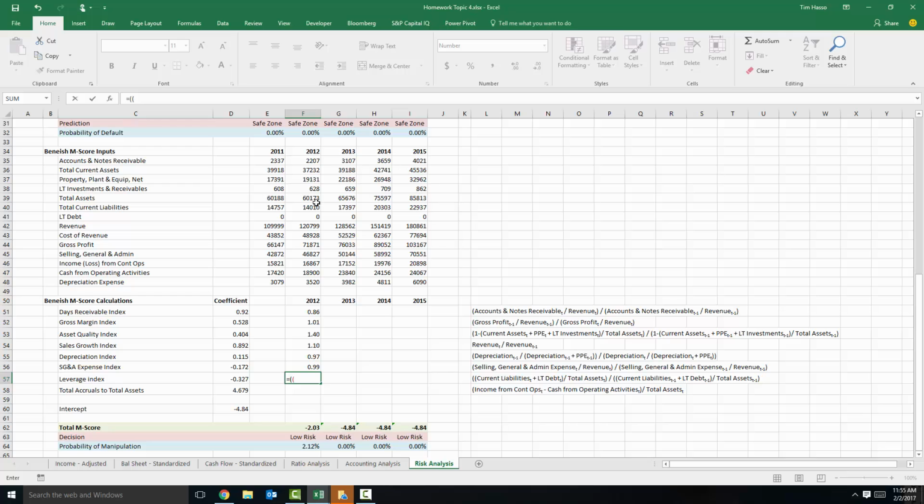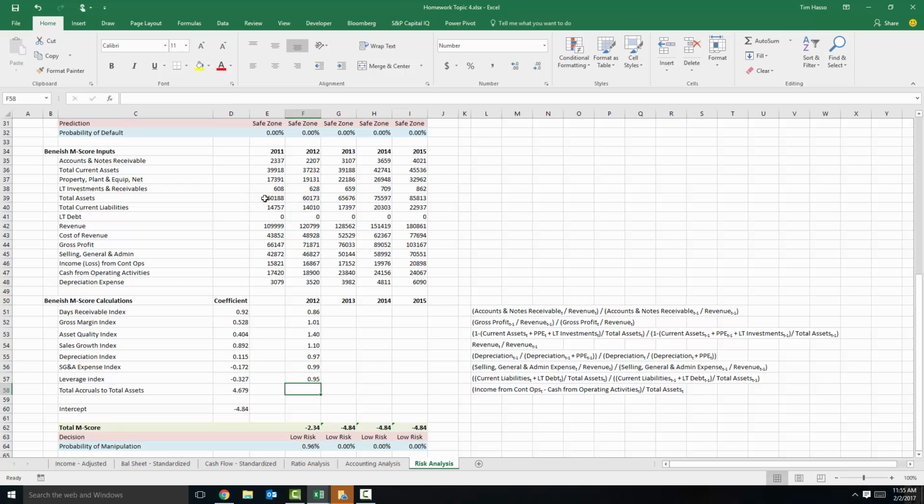So current liabilities plus long-term debt, which is technically 0 for this year, close the bracket, divided by total assets, close another bracket, and then divided by the same formula for last year. So we need to start with two brackets, current liabilities plus long-term debt, close the bracket, and you divide it by total assets. And then finally close the final bracket. Press enter and you get 0.95.